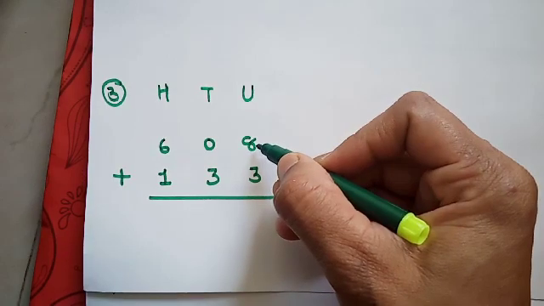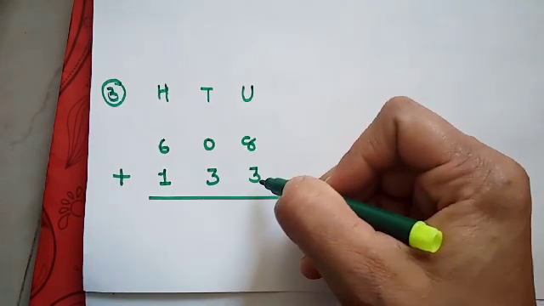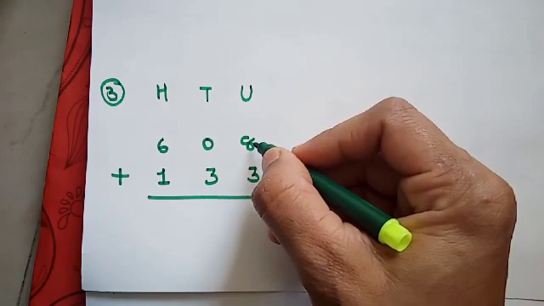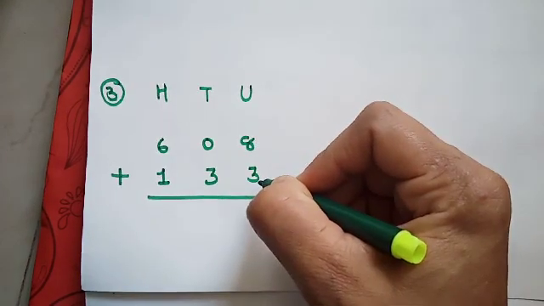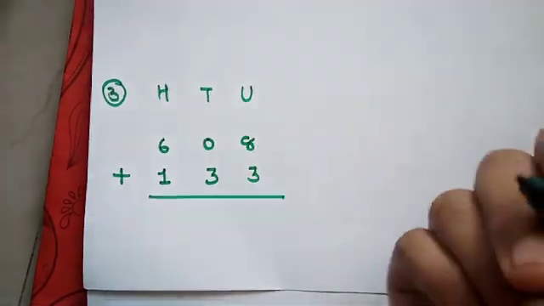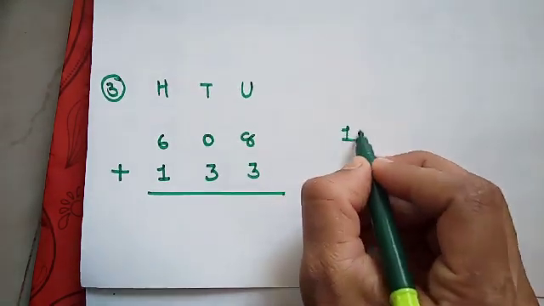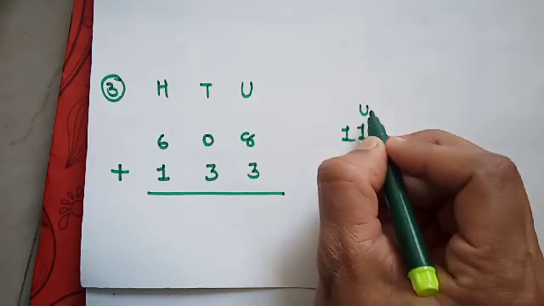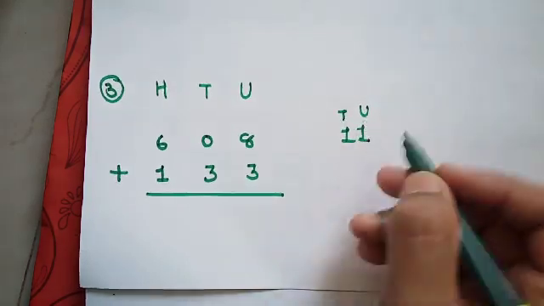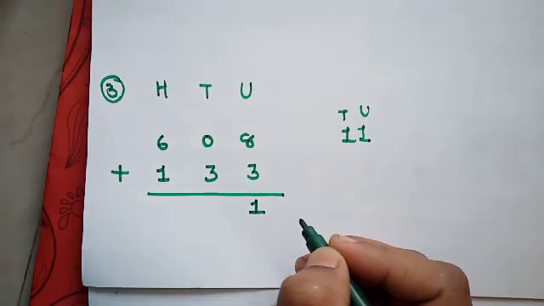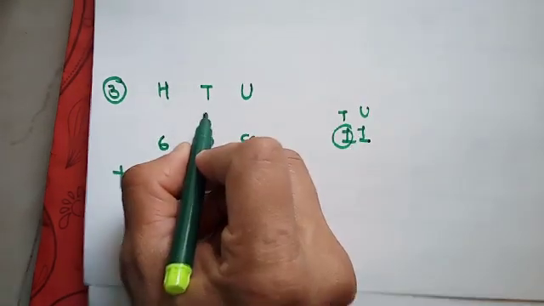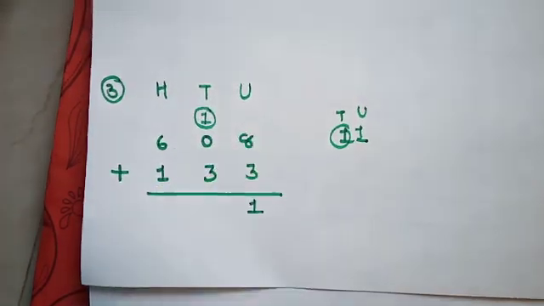Here on the unit place, which numbers are there? 8 and 3. So after 8 you have to count 3 numbers: 9, 10, 11. Again 11. So it's a unit and it's a tens. So the unit number we put here, and this tens number we put on the tens place.